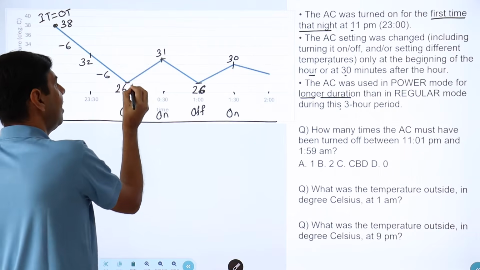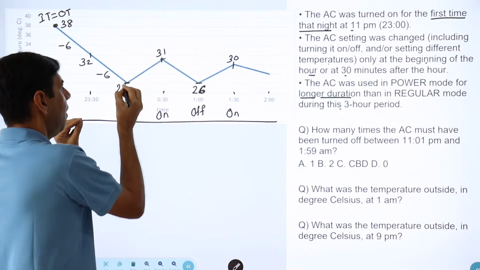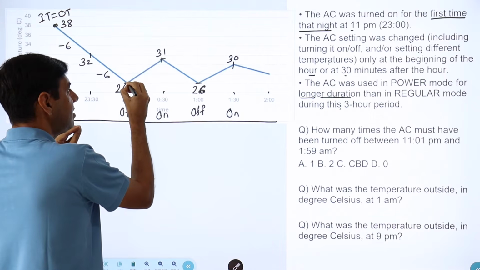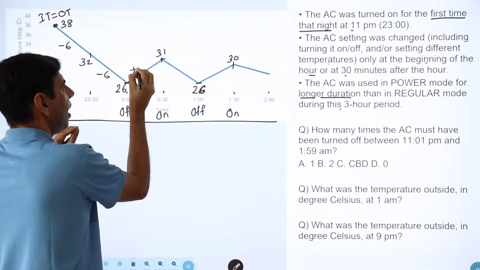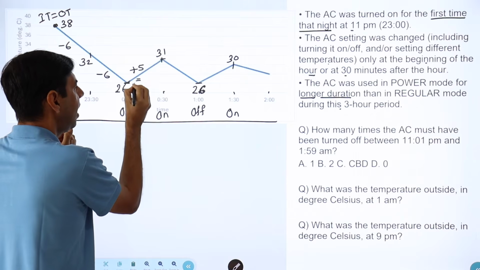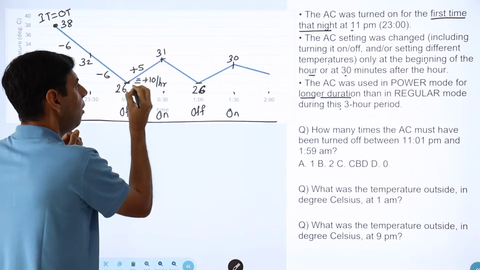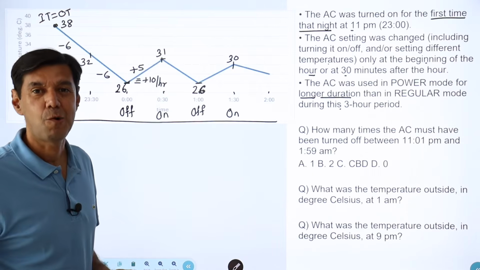Okay, but here now this is important and very important. So the temperature rises over here by 5 in half an hour, which is as good as a rise of 10 per hour. Now, how or why is this 10 important?